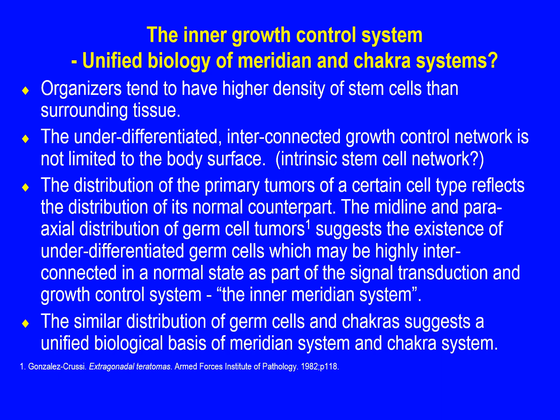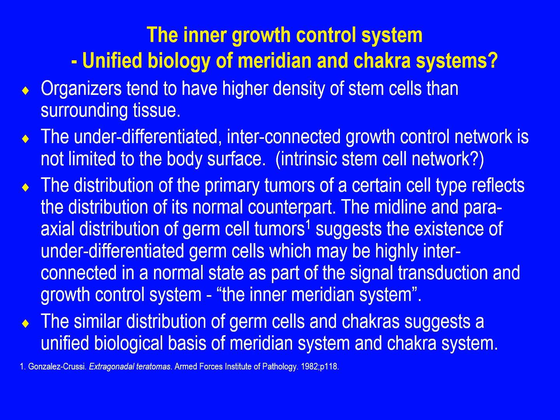We know the distribution of the primary tumors of a certain cell type reflects the distribution of its normal counterpart. For example, we can show the distribution of the sympathetic nervous system using the locations of the primary tumor of the pheochromocytoma.